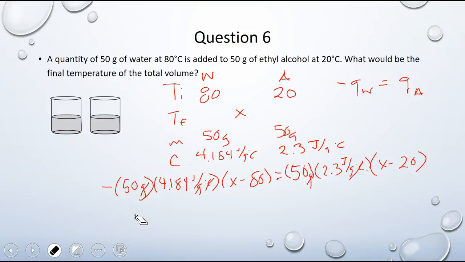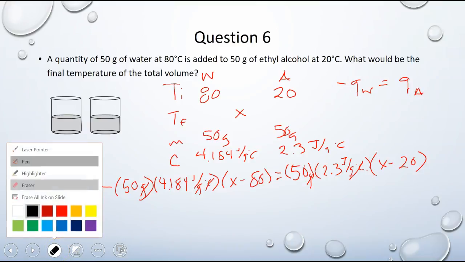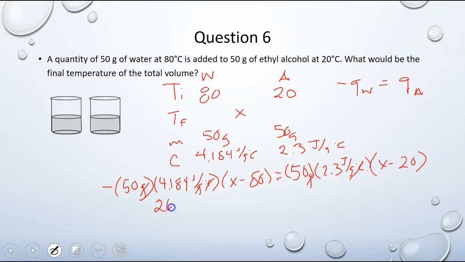So I get 50 times 4.184, and I get, sorry, I'm still on eraser, 209.2 joules times x minus 80 is equal to 115 joules times x minus 20.